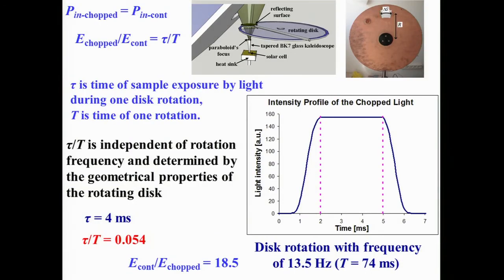With this chopping system, we have the same light concentration of sunlight, but the entire power is strongly less. With this geometry of chopper, it's less by a factor of 20, actually 18. This is our time characteristic.